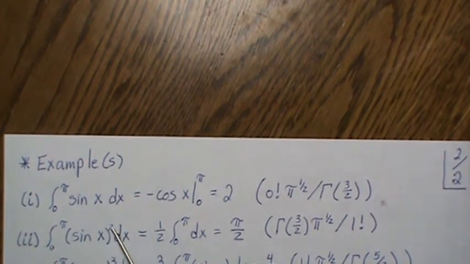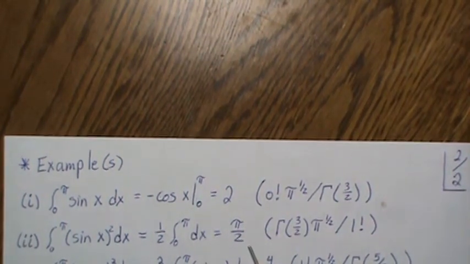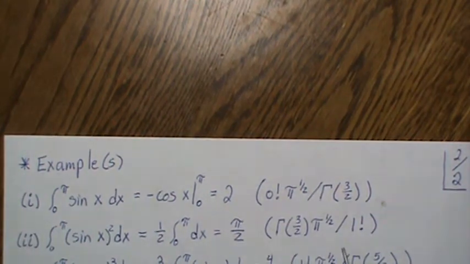Here, and so instead of 1, we'll just go to a 2. And then the power reduction formula says it's 1 over 2 times the integral of sine of x to the 0, which is 1. So then this piece is just pi, of course, then it's over 2. And this can be written in this form.